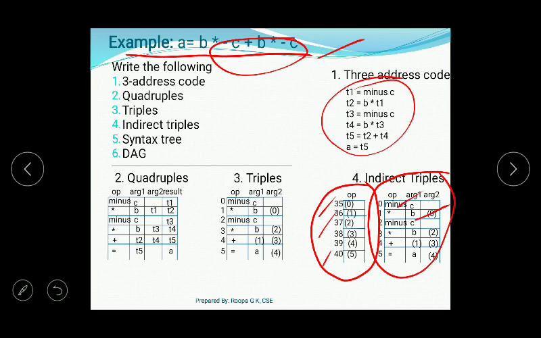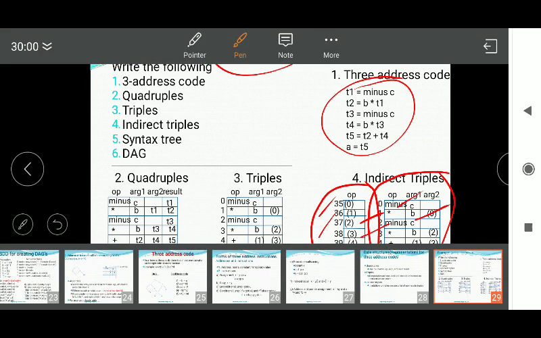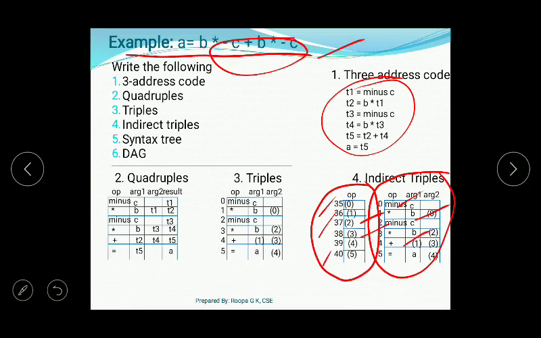Next, index 2 means minus of C. Index 3 means B into minus C. Index 4 addition. Index 5 assignment. Just by reordering this one, you can change the expression also. Just shuffling the indexes, we can rearrange the instructions. That is the advantage of indirect triple.